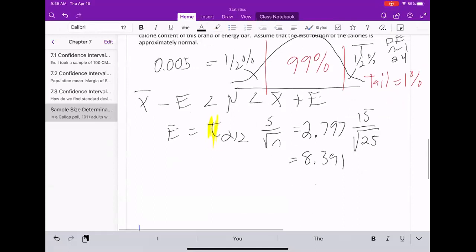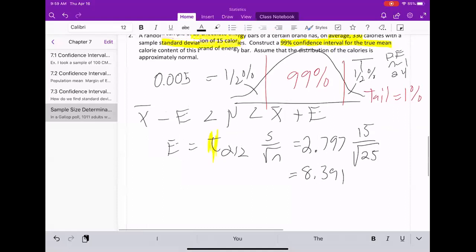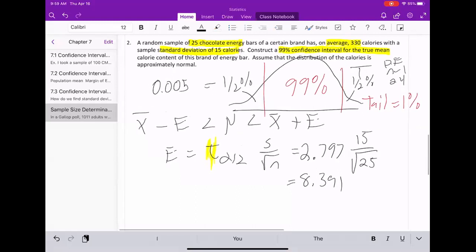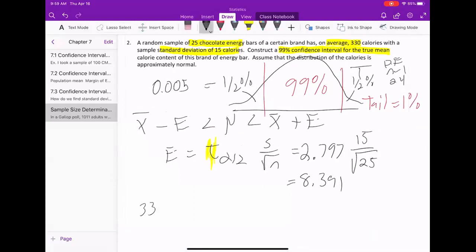So now I can plug that into my other formula. Again, I'll scroll up a little bit. My average was 330, so I go back to my draw. 330 minus my margin of error, which is 8.391, is less than mu, is less than 330 plus my margin of error of 8.391.